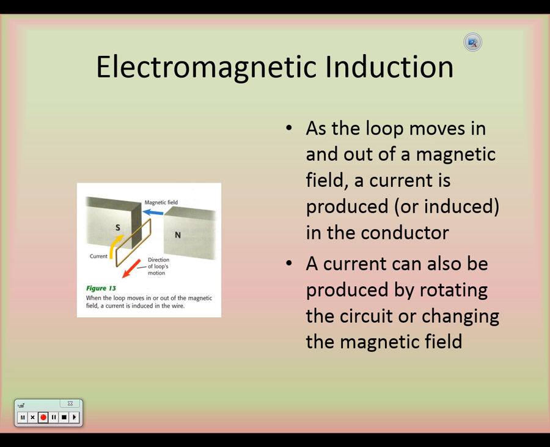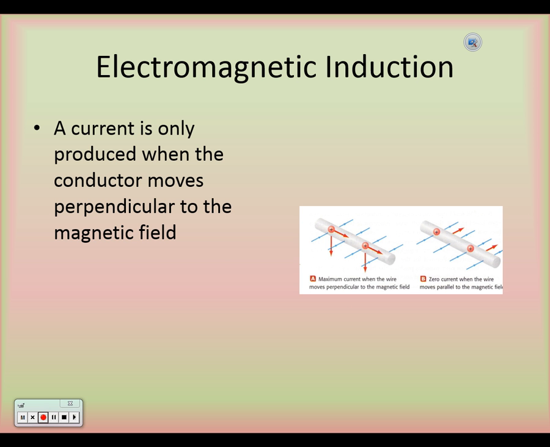Now, the next slide, I'm not really going to hold you to it. You're not going to have to apply this or draw it on the test or anything like that. But it's going to be important to explaining something a little bit later. A current is only produced when the conductor moves perpendicular to the magnetic field.